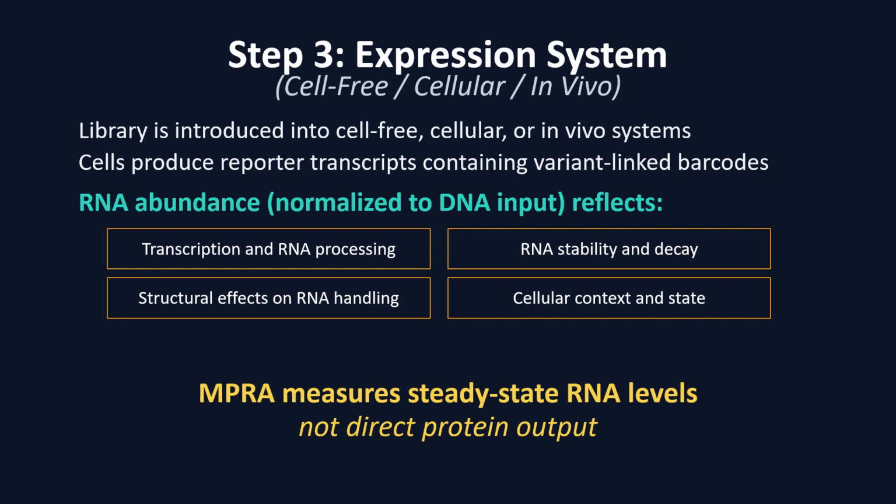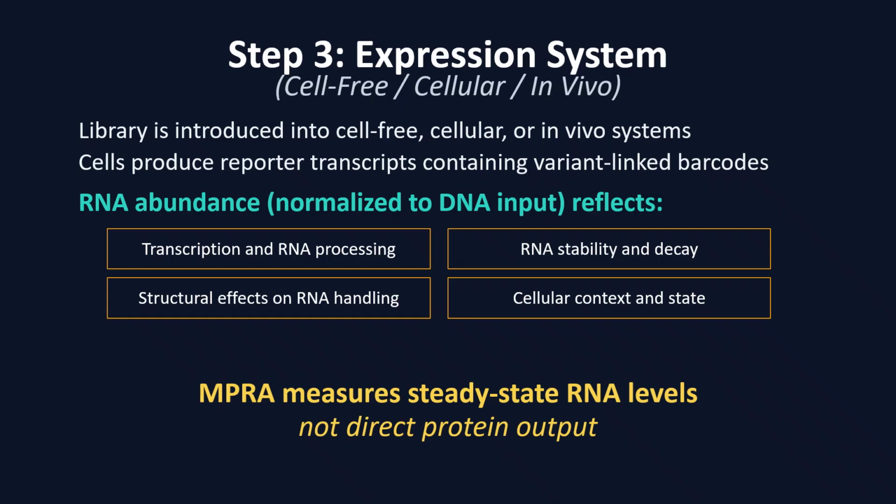And then again, cellular context such as stress state and metabolic condition shape RNA turnover. So MPRA measures the combined outcome of transcription, processing, and decay. And it is also important to distinguish RNA abundance from protein production. MPRA primarily measures steady state RNA levels.